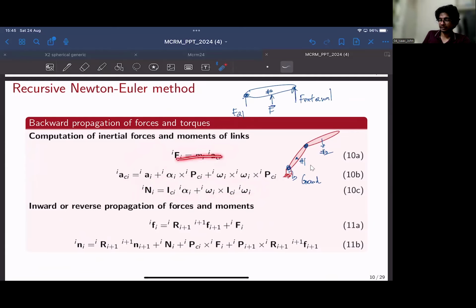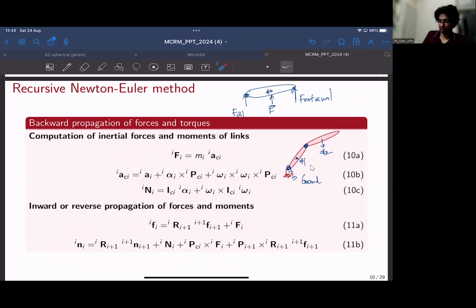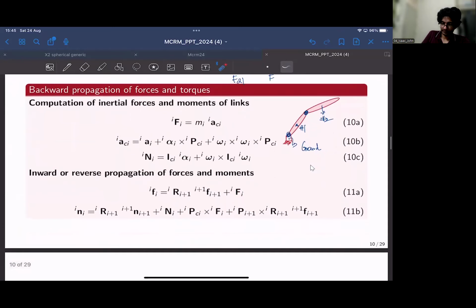So now you have obtained the centroidal forces and moments. Now you can use the free body diagram of a body under dynamic equilibrium to solve for the forces at the joints. So the force at the proximal end of link i is nothing but the force on the distal end plus this inertial force.